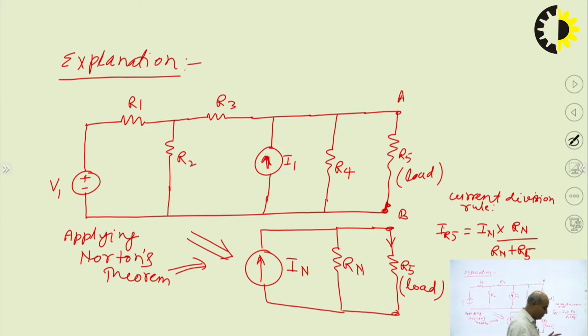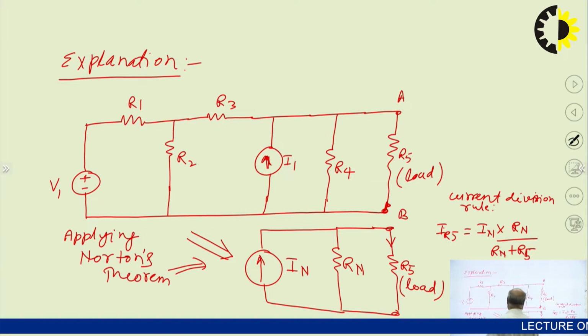So this is how we can apply Norton's theorem to calculate the current in any branch of a circuit which is very complex. This circuit looks very complex. By applying Norton's theorem, we get a very simple circuit, and in that very simple circuit we have calculated the current in the load R5 resistance very easily by the current division rule.